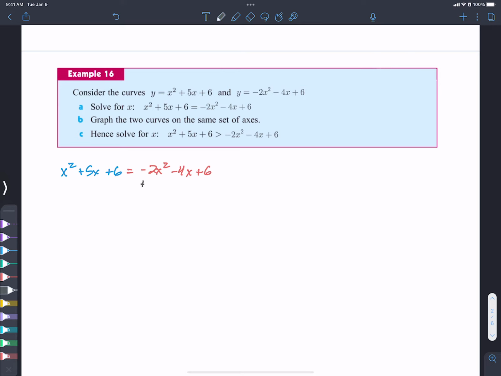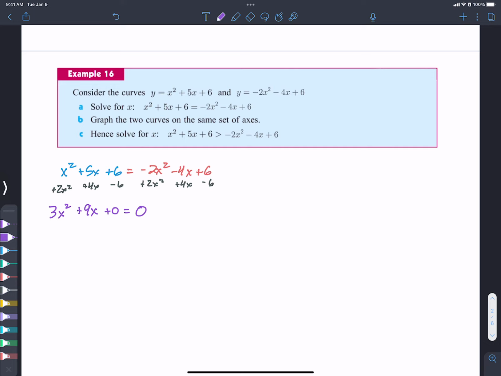I'm going to add 2x squared to both sides. So that gives me on this side 3x squared. I'm going to add my 4x to both sides, and that's going to give me plus 9x over here, and then I'm going to subtract 6 from both sides. Okay, so that means that this thing is going to be plus 0, and that's going to equal 0.